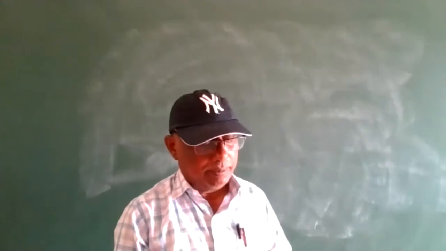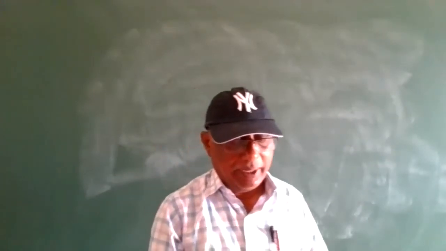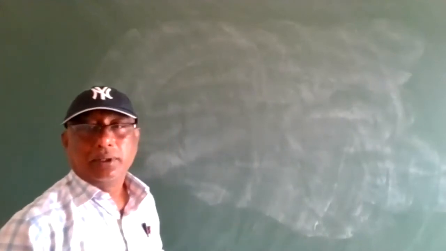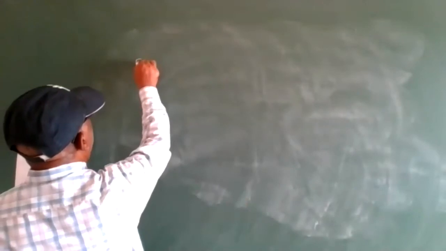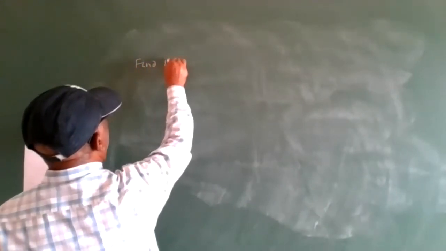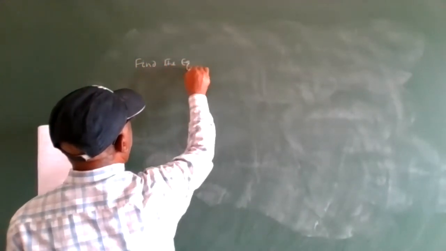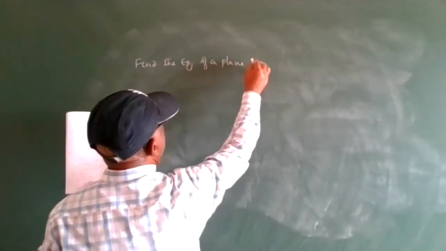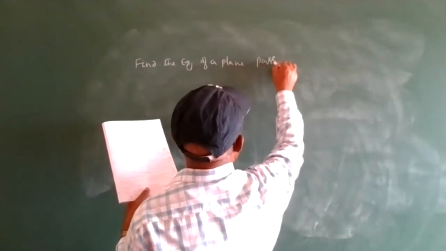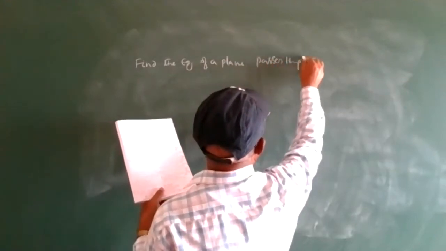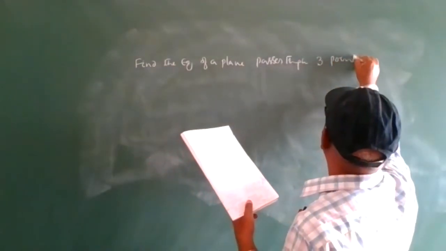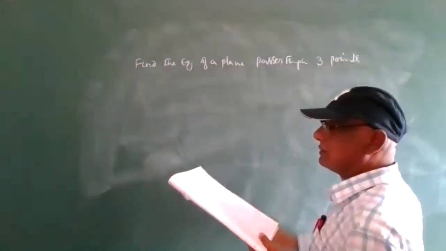Now write down the problem: find the equation of a plane that passes through the 3 points.